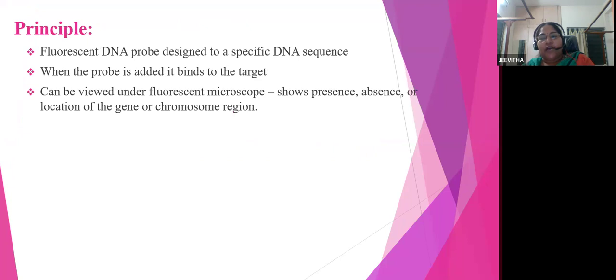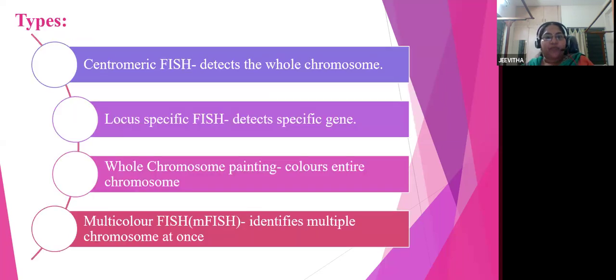For a target DNA, you design a fluorescent probe and bind it to the target, and then it's viewed through the fluorescent microscope, which shows the presence or absence and the location of the gene in a chromosome, with which you can detect abnormalities or possibilities.